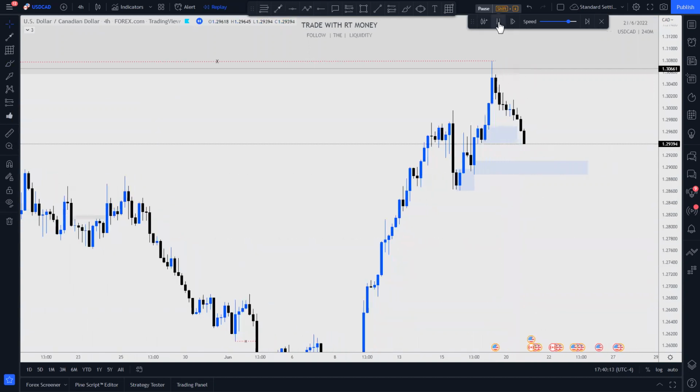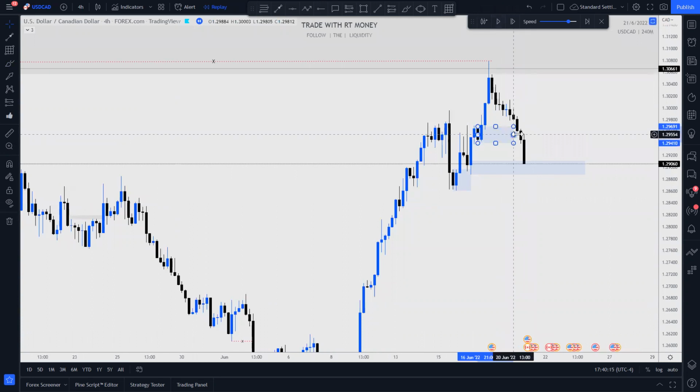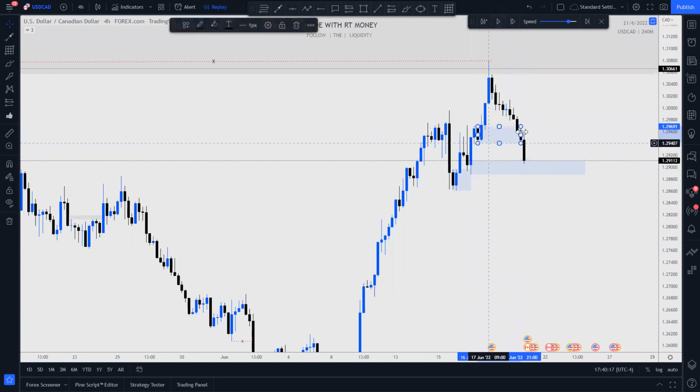And boom, we violated this demand zone. So what am I looking for? I'm looking for a flip now. I'm looking for a bearish setup because we have broken a zone of demand, and now we're down in this demand.